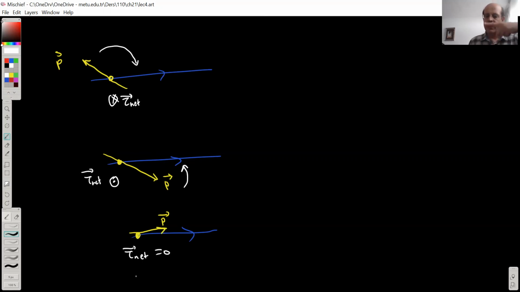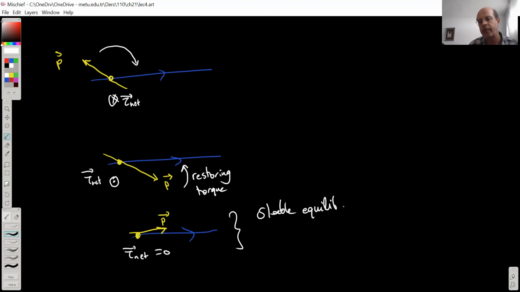And also, if the dipole is oriented slightly off along this direction or along this direction, there is always a restoring torque that tries to restore the dipole moment back into the parallel orientation. So we say that this is the stable equilibrium position. It is an equilibrium position because the net torque is equal to 0. If you place a dipole in that orientation, it will stay there forever.